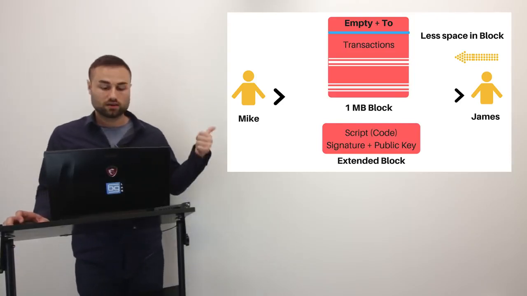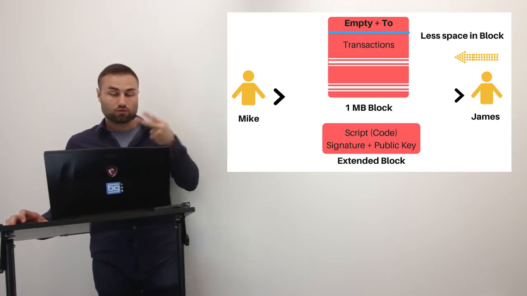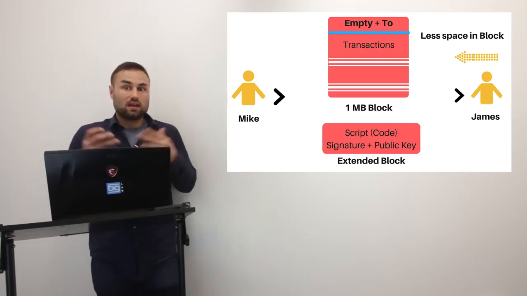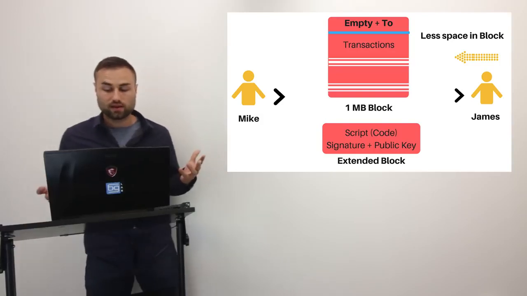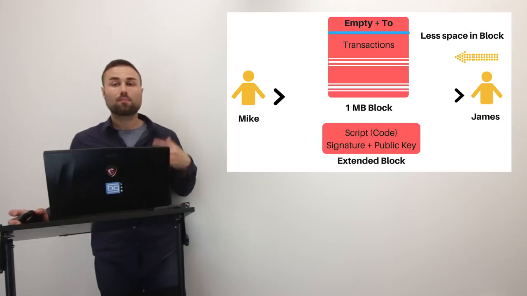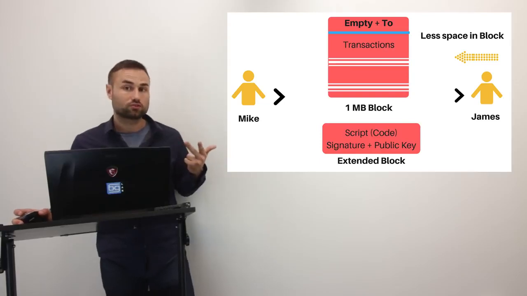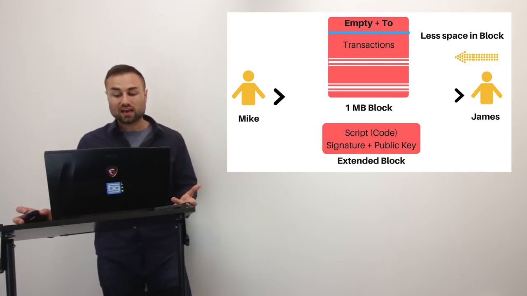That includes the signature of Mike and the public key of Mike. In layman's terms, they're just making the block itself less full. They're having more optionality to scale the system faster, to confirm the transactions faster, and to lower the transaction fees. So that's Segwit in a nutshell.